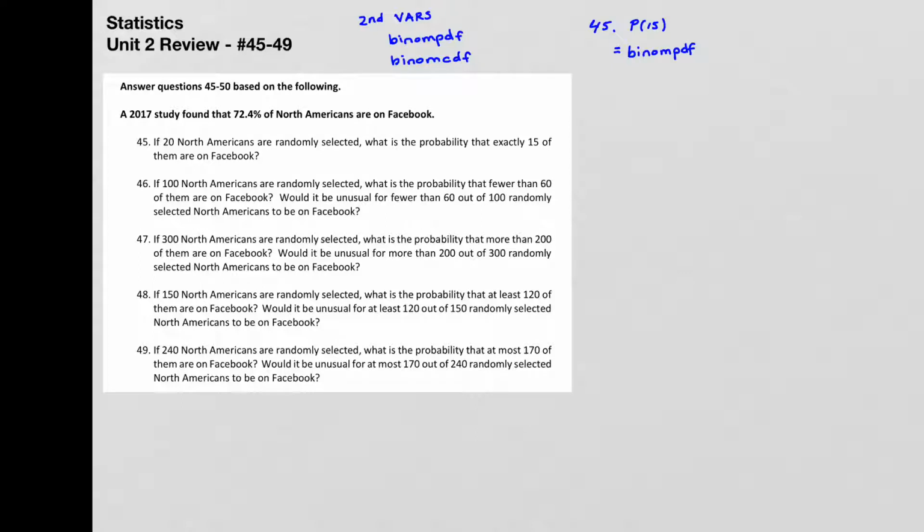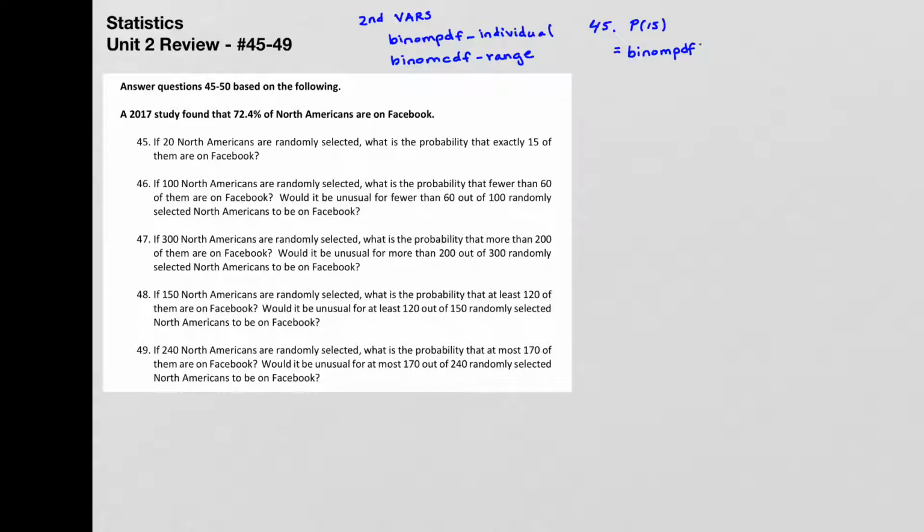Because this is just one individual value that we're looking to find the probability for, that's why we're using binom PDF. If ever it's a range of values, then we use CDF. So PDF is for an individual value, and CDF is for a range.